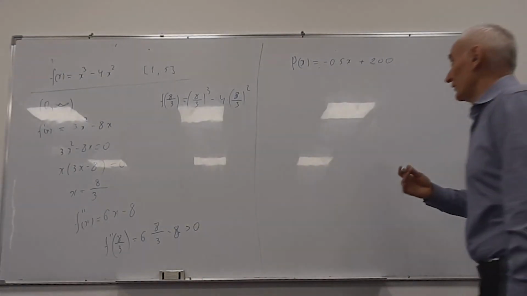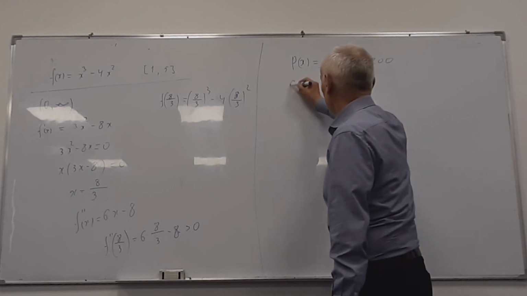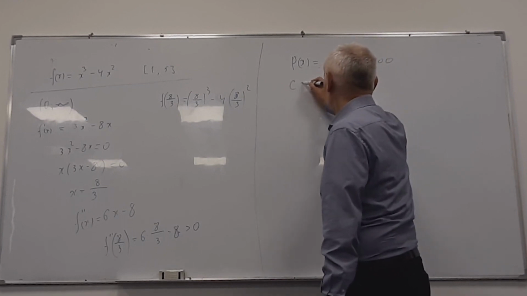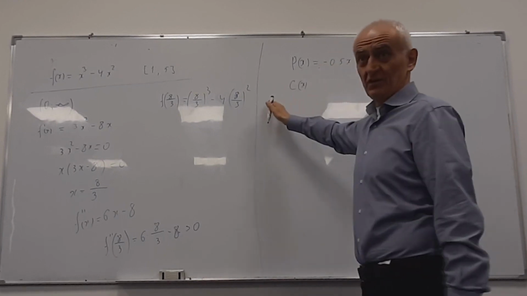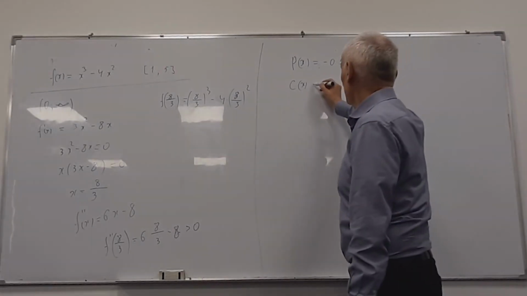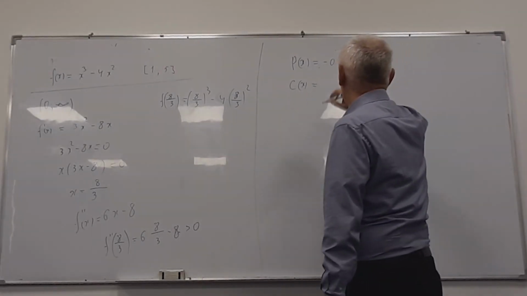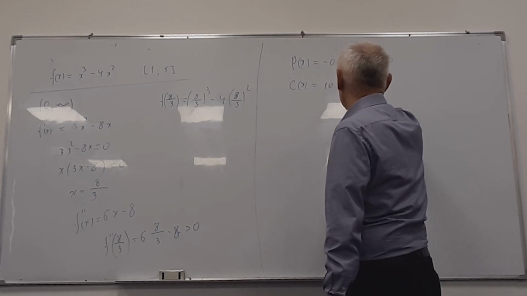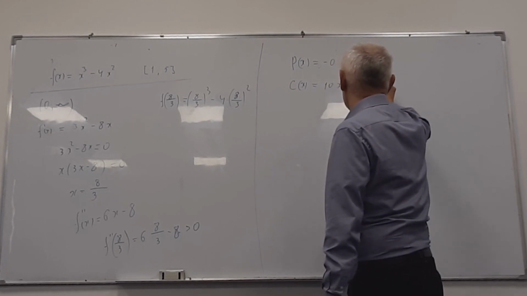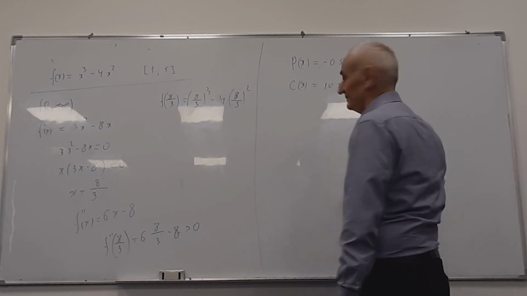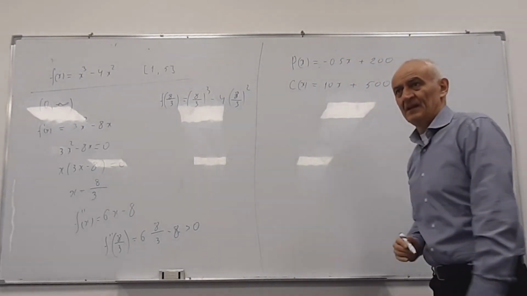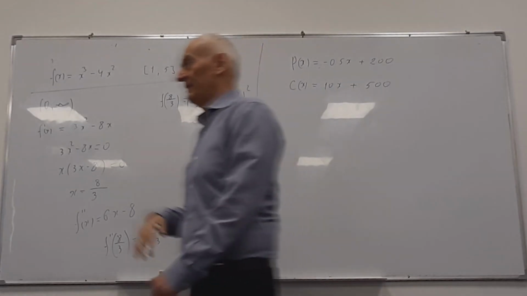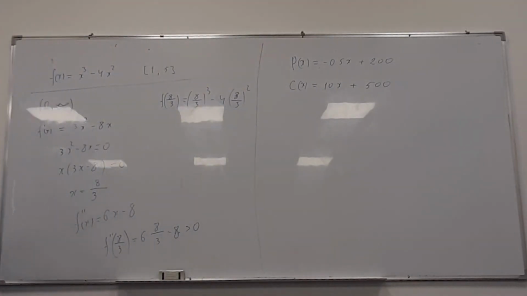Also we know the cost function, denoted by C(x), is for example 10x plus 500. We need to find the maximum profit.